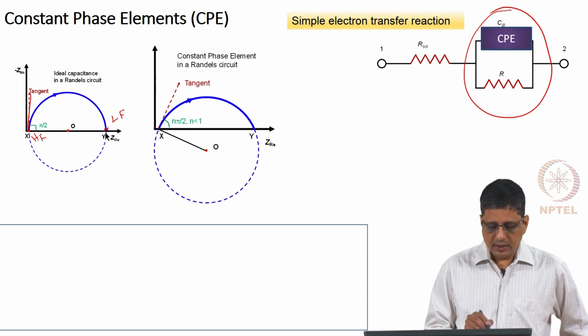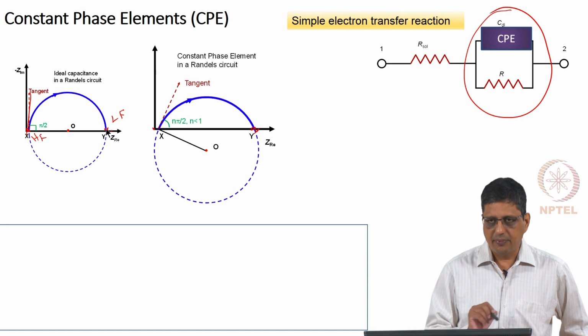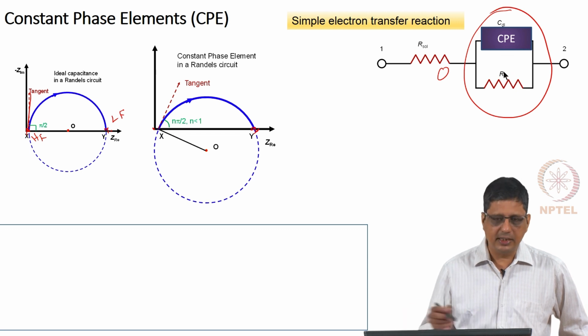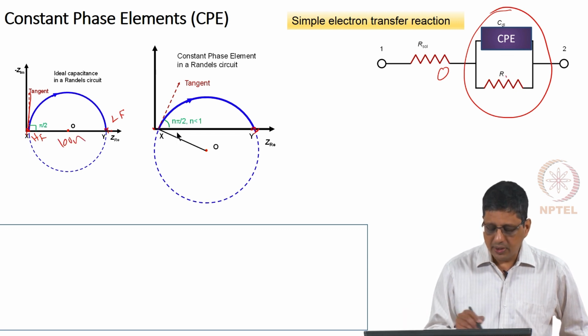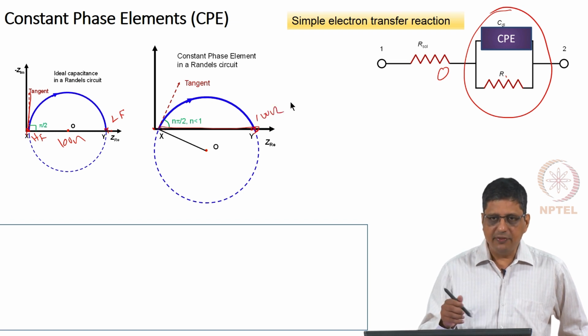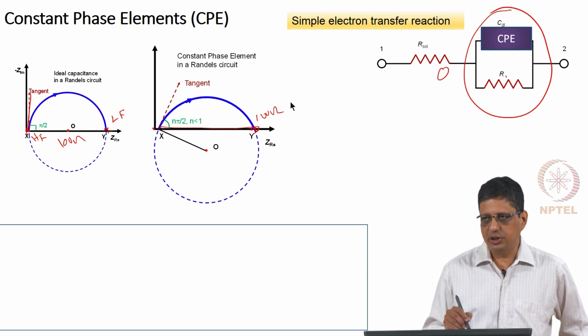Now, look at this, the starting point and ending points are still the same. On the real axis, it is still 0 here, and whatever value it is, let us say it is 100 ohms, it is going to be 100 ohms here, this is also going to be 100 ohms. But this is as if it is part of a circle which is pushed down, the center is pushed down.